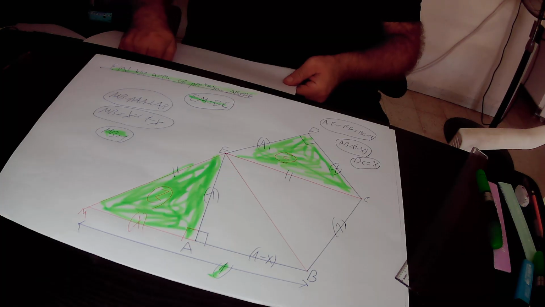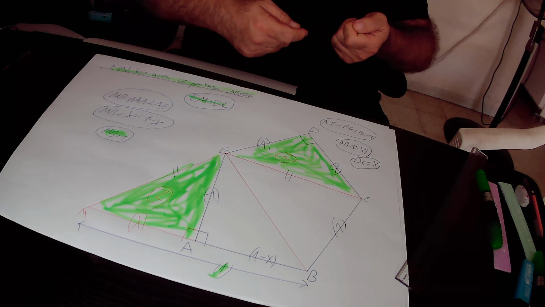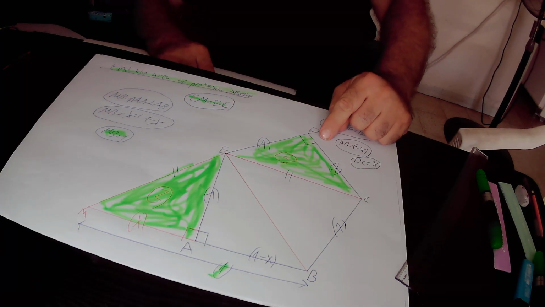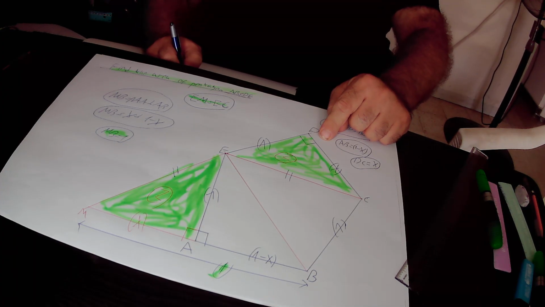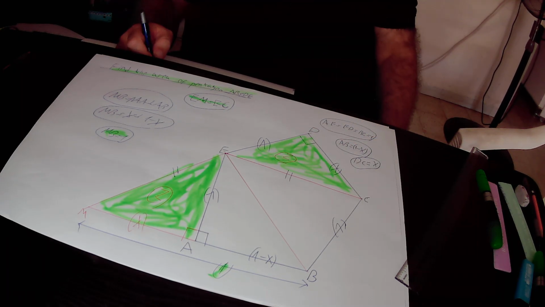Therefore, the area of the big pentagon ABCDE must be equal to the sum of the areas of the two shapes that it consists of. That is to say, it must be equal to the area of this green right triangle EDC plus the area of this quadrilateral ABCE.